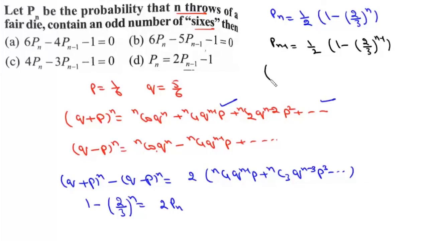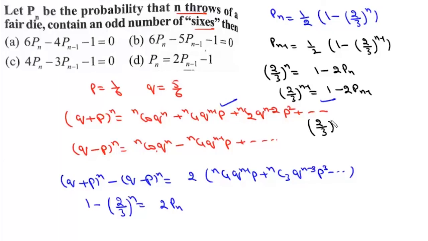Now from the first one we can write (2 by 3) to the power n will be 1 minus 2pn, and from the second we can write (2 by 3) to the power n minus 1 will be 1 minus 2 pn minus 1. Now we multiply 2 by 3 in the second, we can write (2 by 3) to the power n, and it will be 2 by 3 (1 minus 2 pn minus 1), which is equal to 1 minus 2 pn.